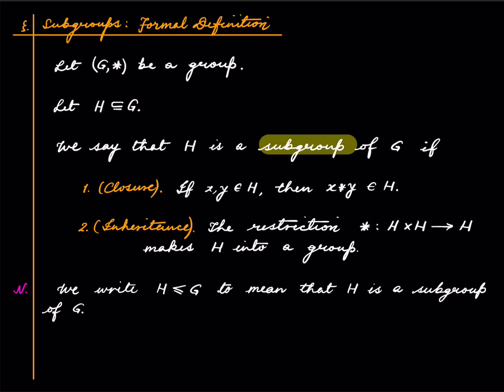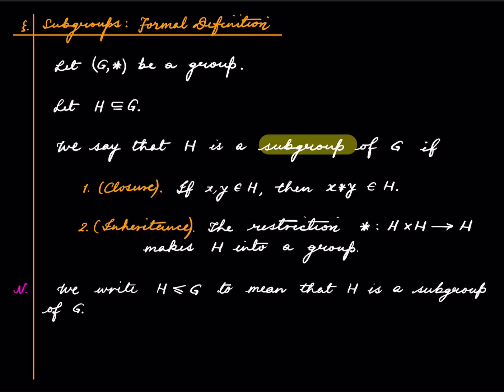So we say that H is a subgroup if, first of all, it is closed under multiplication, and the restriction of the binary operation to H cross H makes H into a group. First of all, this makes sense because of the first condition: if you restrict star to H cross H, the image does land in H. Technically I should write a different notation for this, because star is a map from G cross G to G. When we restrict star to H cross H, we should change the notation, but this gets cumbersome and nobody does this, and I also won't.